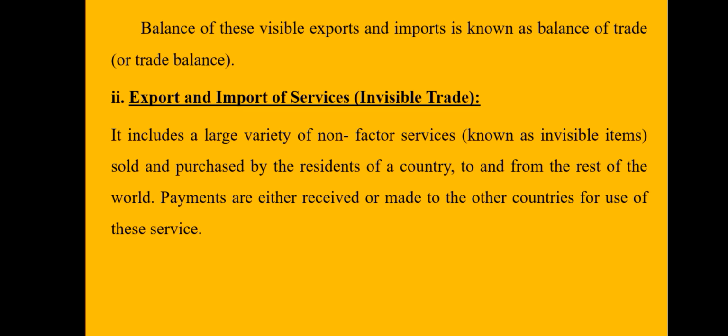Payments are either received or made to the other countries for use of these services. So, export and import of services include providing services to other countries and getting services from other countries.